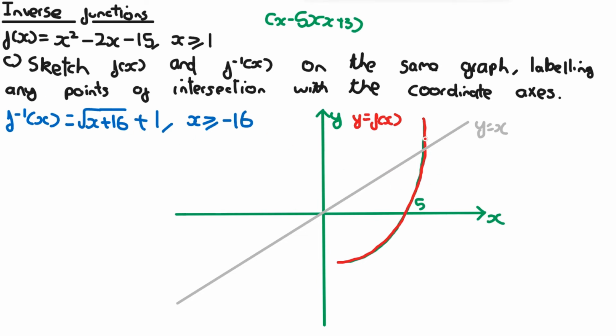So if we reflect it, this part up here will look something like this, and then this will come down like this here, meet the y-axis here, and then come down to here like this, where this here will be where it ends. This y-intercept, as this is 5, this is also going to be 5, and therefore this is going to be the graph y = f⁻¹(x), where you've reflected this line in the line y = x.